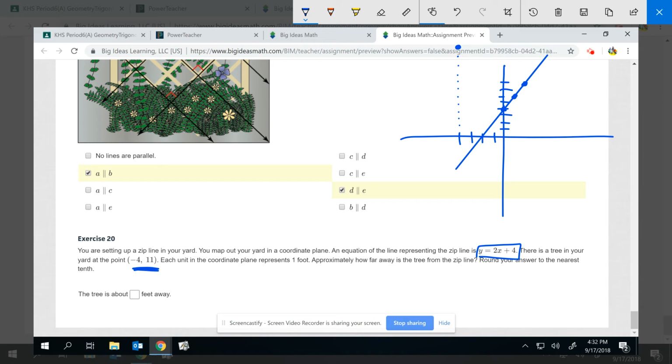So what we need is to find out how far the tree is from the zip line. What we need is a perpendicular distance. Remember, I told you we need a perpendicular. So we need the slope. We need a perpendicular slope to equal negative 1/2. Negative 1/2.